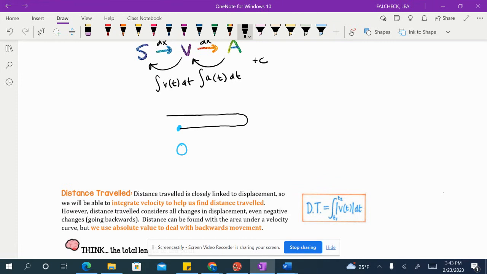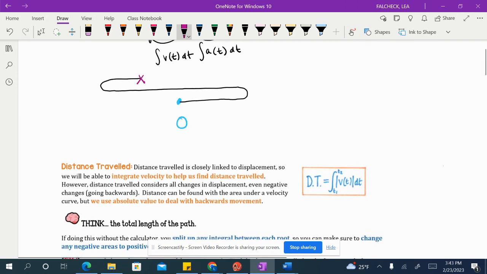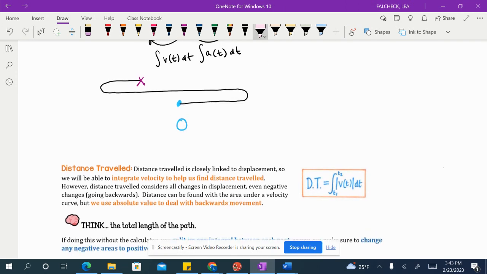He passes through the origin again, heads to the left, then ends up somewhere here, let's say. Distance traveled is going to be the particle's distance here, plus the particle's distance here, plus the particle's distance here.